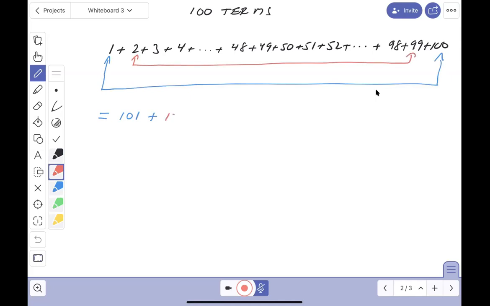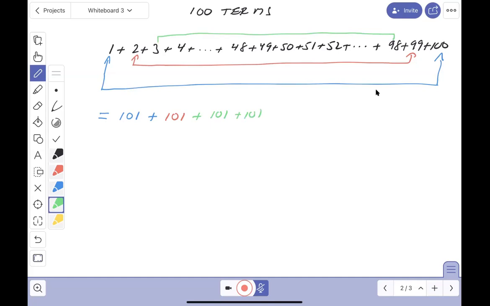Well, 101. Then 3 and 98, 101. I think you see what I'm doing. Now, what would the next one be? It would be 4 and 97, which is still 101. I'm ready to get 101, 101, 101.